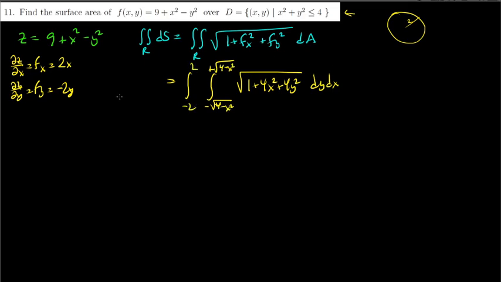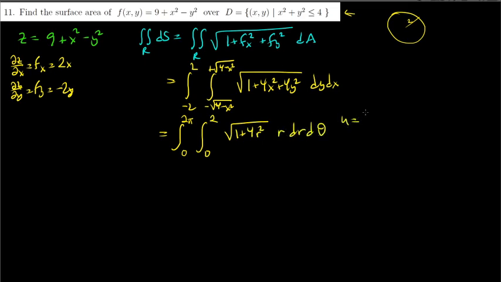If you were adventurous enough to work this out in rectangular coordinates, I think it's probably better to switch to polar coordinates in this case. So we're going from 0 to 2 pi since it's the entire disk, and r just goes from 0 to 2. And what we're integrating is 1 plus 4r squared r dr d theta.